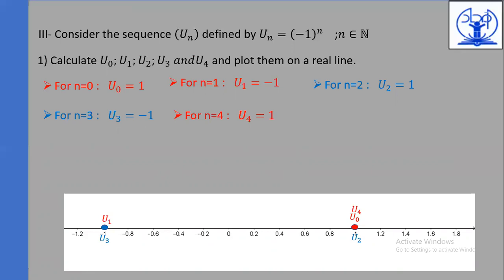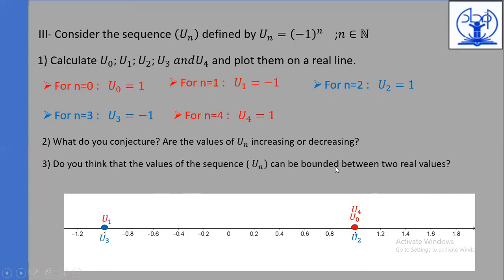-1, 1, -1, 1. The same questions. Are the values increasing or decreasing? I should expect an answer, which is the sequence is neither increasing nor decreasing because it's changing variation. Sometimes it increases to positive, sometimes it decreases to negative.